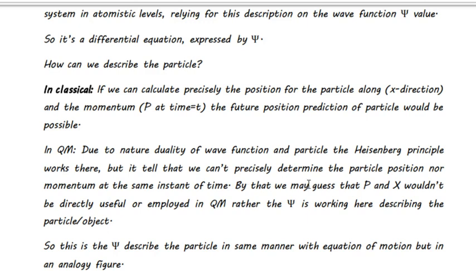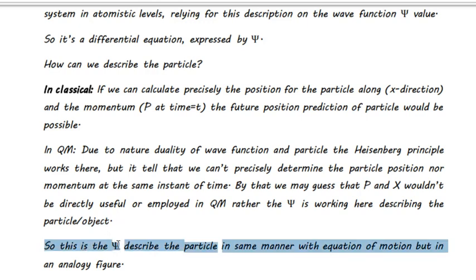By that we may guess that p and x wouldn't be directly useful or applicable in quantum mechanics. Rather, we need some different terminology, and the wave function can work perfectly to describe this nature of the particle, because now we are describing in the view of quantum mechanics, not classical mechanics.